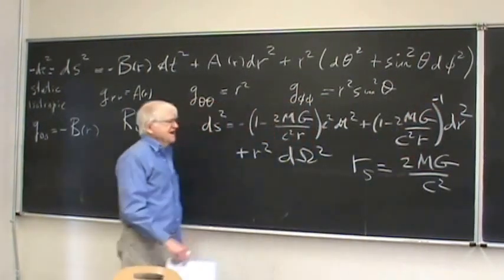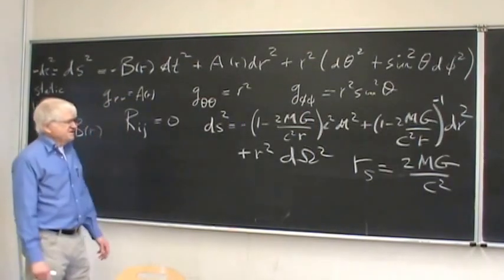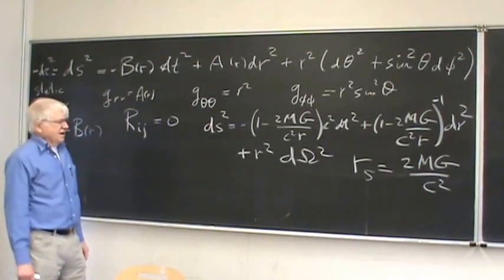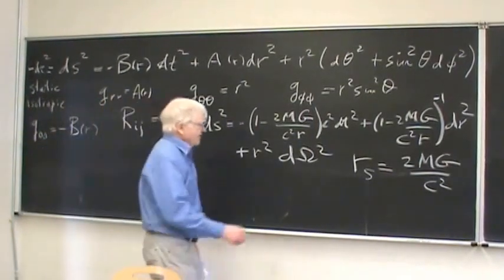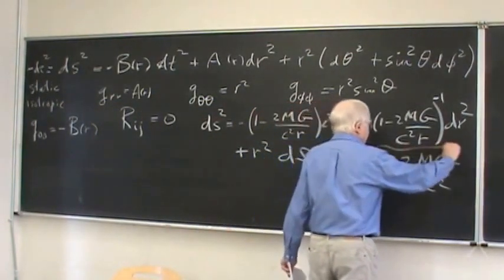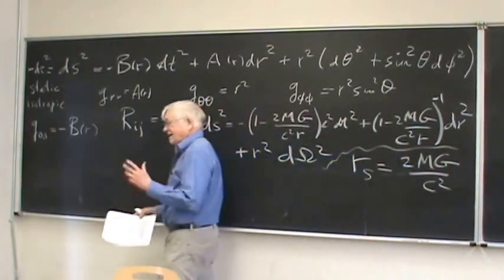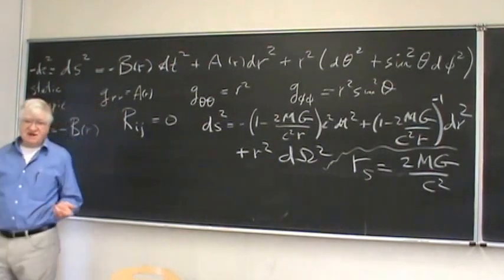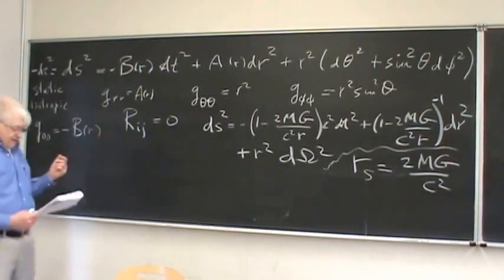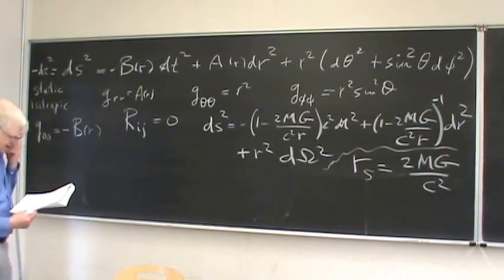This is not a physical singularity. It's an artifact of the choice of coordinates. But on the other hand, it's a significant singularity, as we'll see here in a moment.